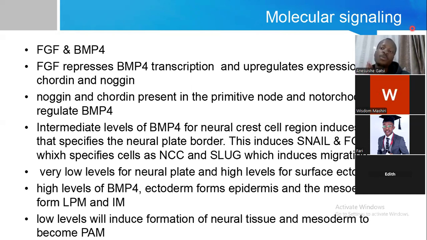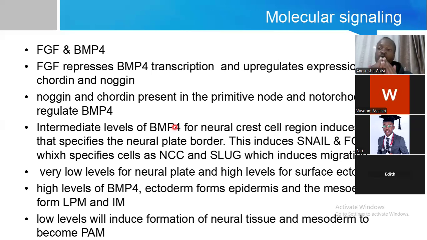Then number 2, a neural crest cell region. Then number 3, the remaining ectoderm, which is the surface ectoderm. Right. So bone morphogenic protein 4 is the one that is going to help us with induction of those 3 regions.